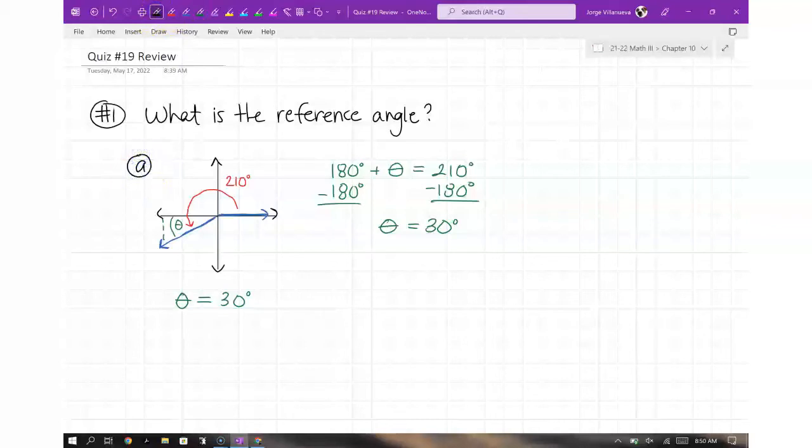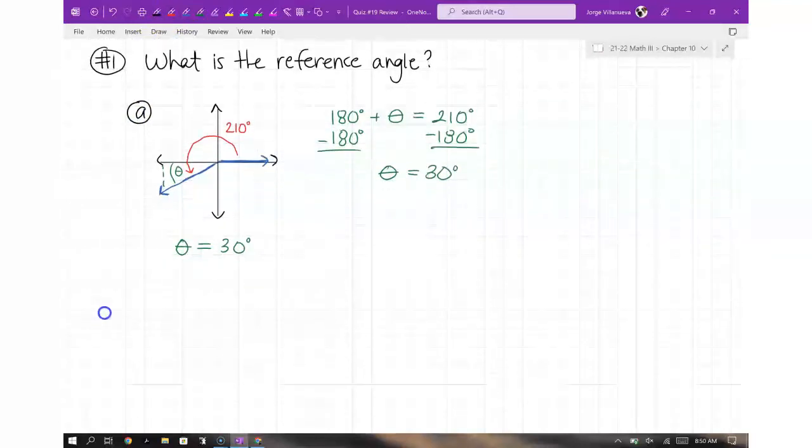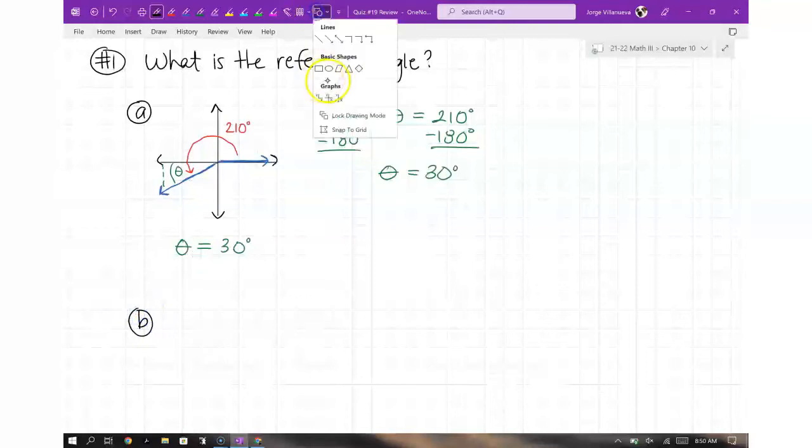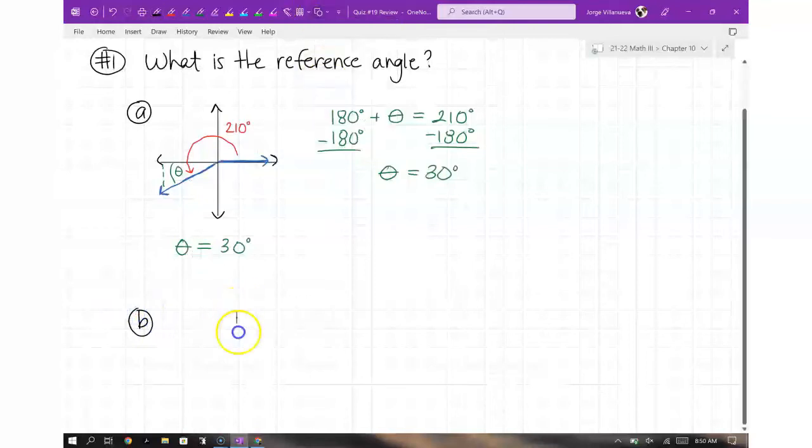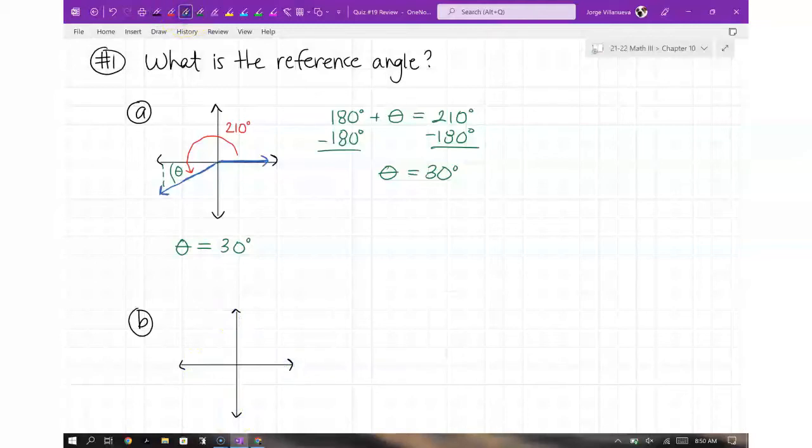Let's do one more. And then we'll move on. But one more picture here. Now, this one will kind of stop it in quadrant 2.